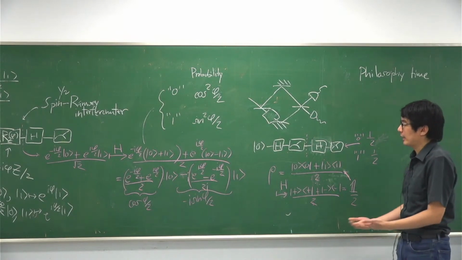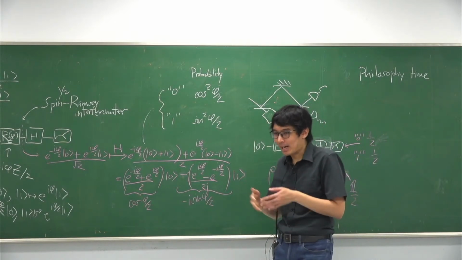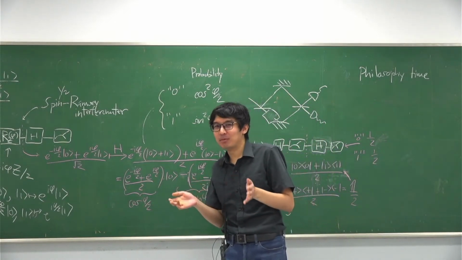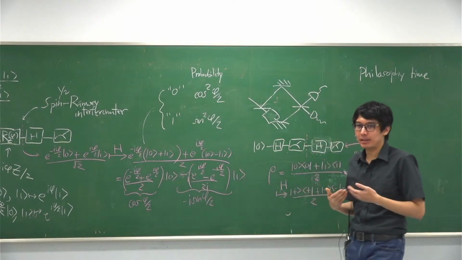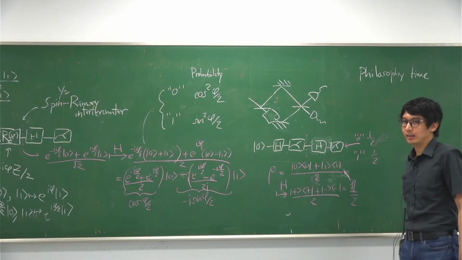The actual real nature of the system depends on the way that we measure or interact with it too. And I guess this is the philosophy that Niels Bohr stuck with.